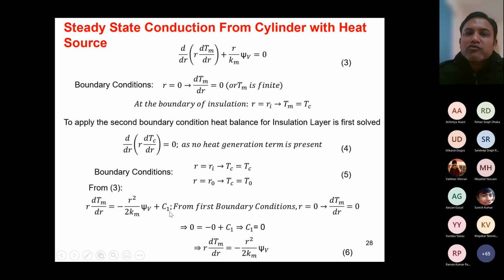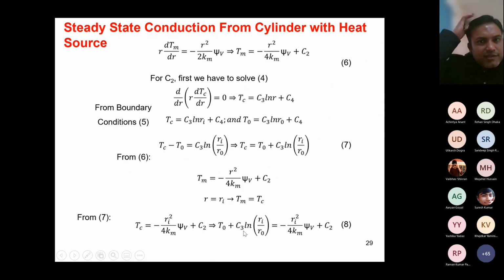With C1 equals 0, the equation left is r dTm by dr equals minus r square divided by 2 km psi v. That's it. We can rearrange this equation, and after rearranging, r will be divided here, so we will get dTm by dr as minus r divided by 2 km psi v, and we can further integrate this equation number 6.